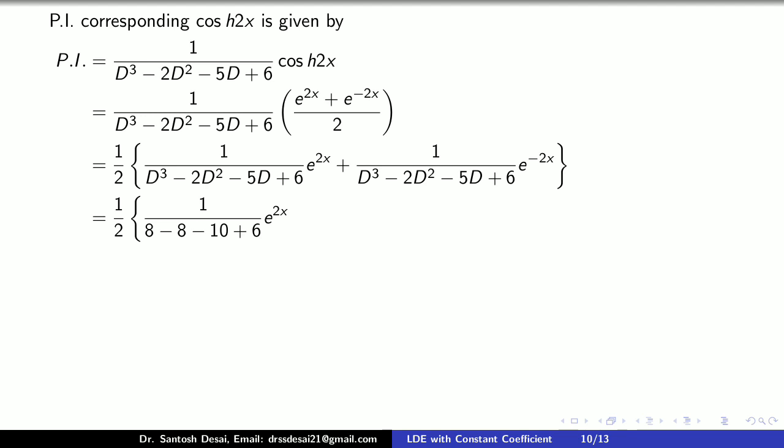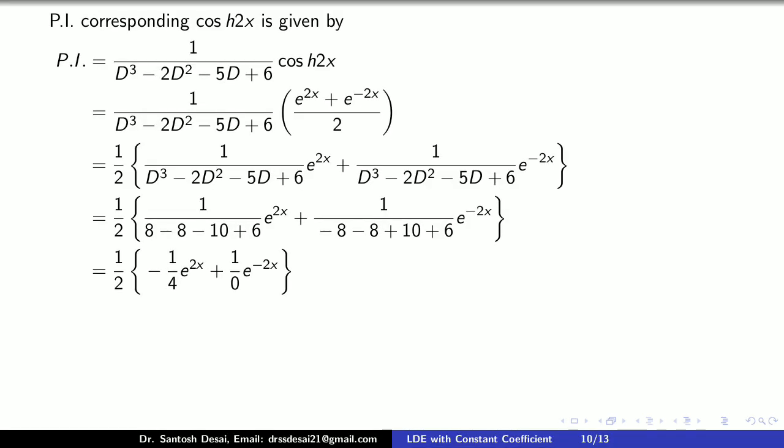Now in the second part we have to replace d by minus 2. So simplifying we get minus 8 minus 8 plus 10 plus 6, into e raised to minus 2x. Now if you simplify the first part, we get minus 1 by 4 e raised to 2x, and the second part after simplifying we get 0.